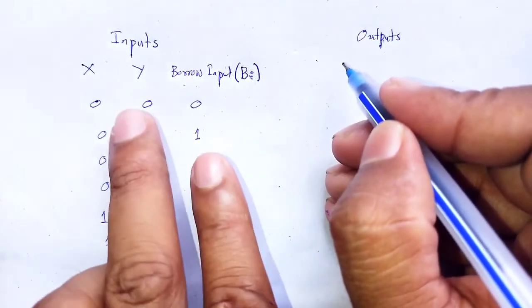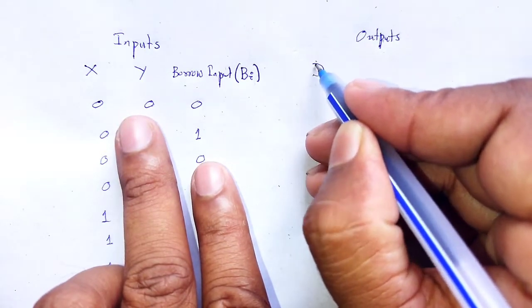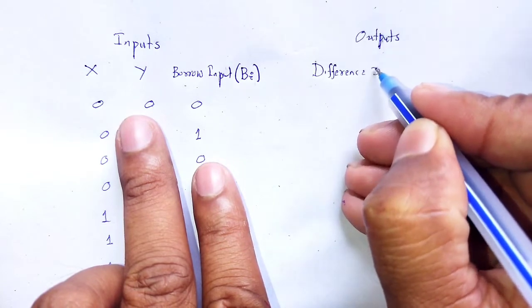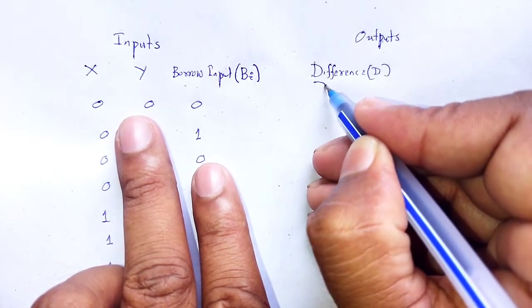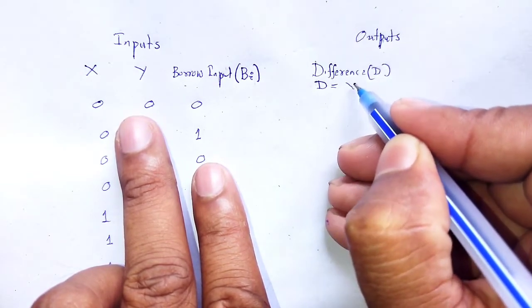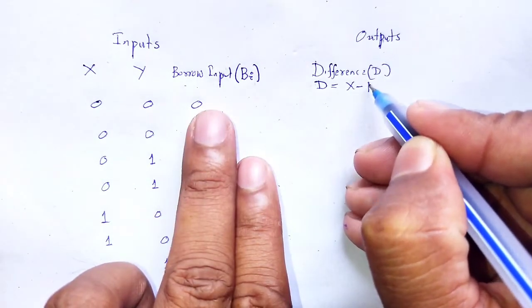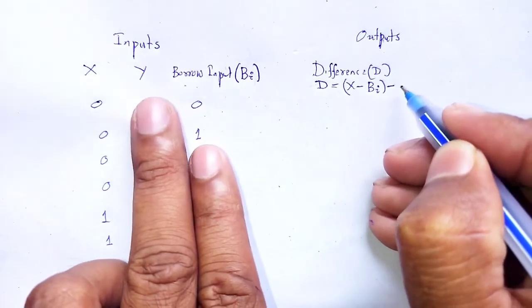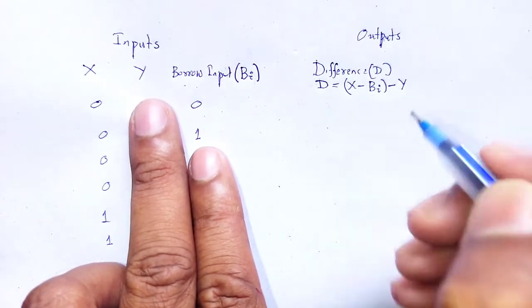First we have the difference d, and difference d is evaluated as x minus borrow input, then subtracted from y.